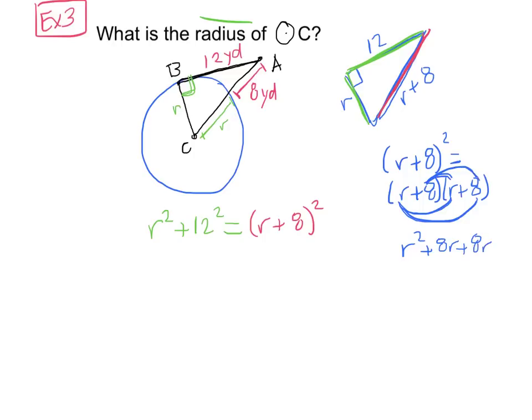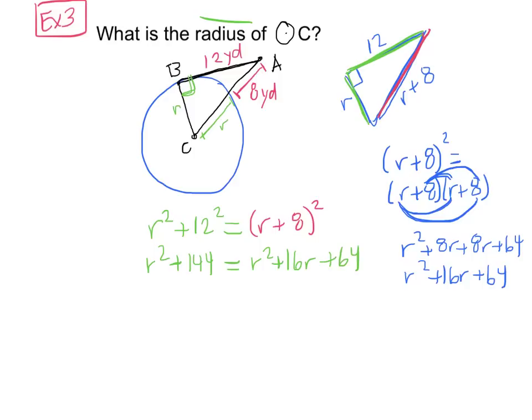And 8 times 8 is 64. That means you're really looking at r squared plus 16r plus 64. So back to our equation, I have r squared plus 144 equals r squared plus 16r plus 64.